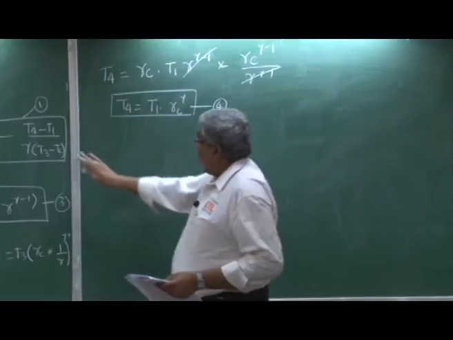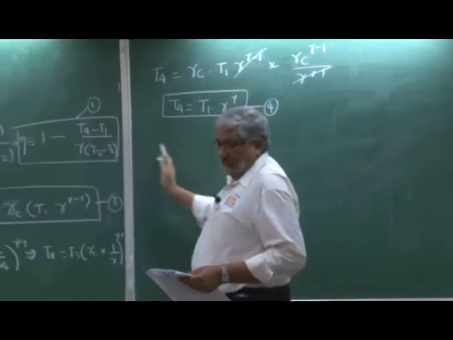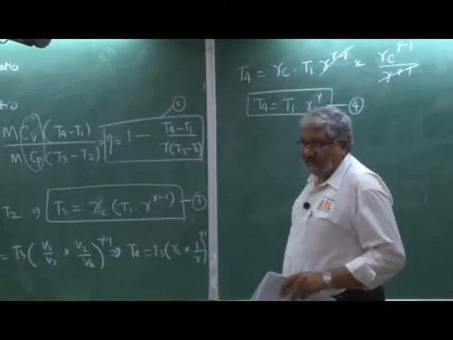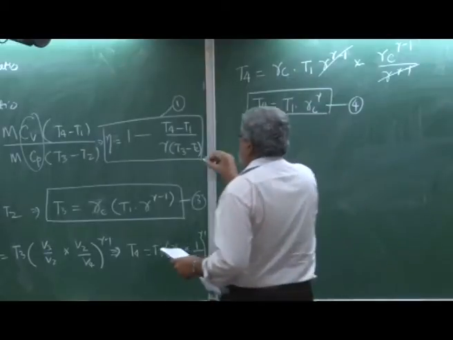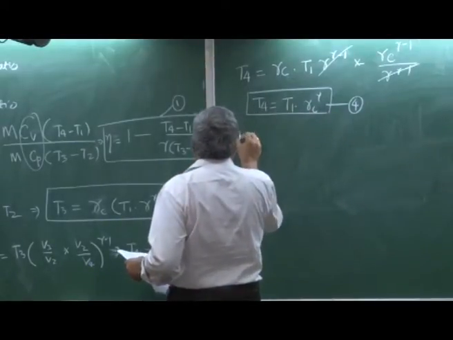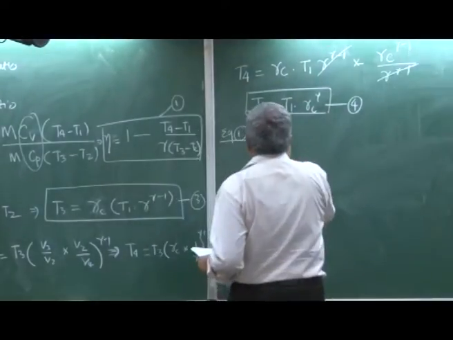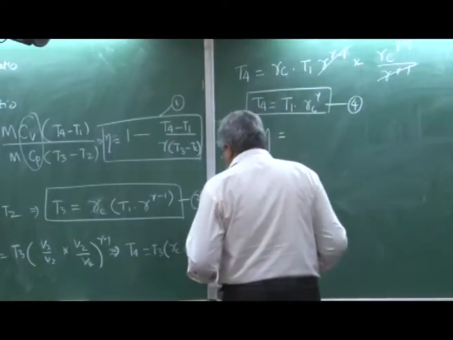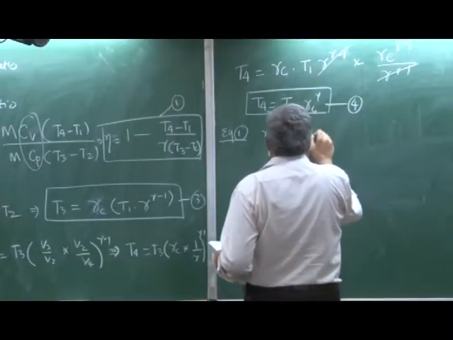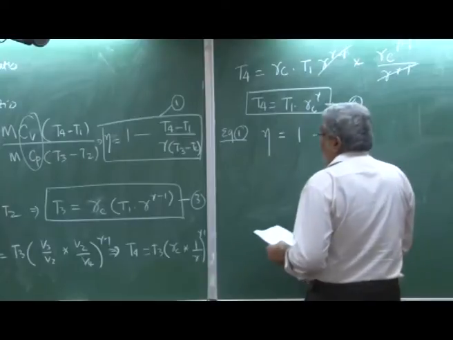Now I have all the values, so I put everything in equation 1. The efficiency is equal to 1 minus, what is T4?